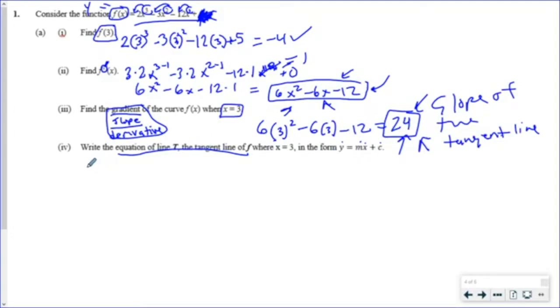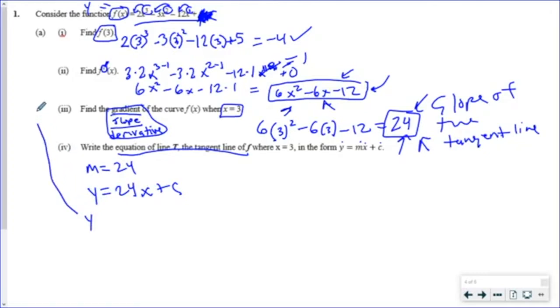So let's see, my m equals 24. So far I have y equals 24x plus c. Now, if I'm writing it in slope-intercept form, I need my intercept here. But the way I get that is I can plug in my x and my y.